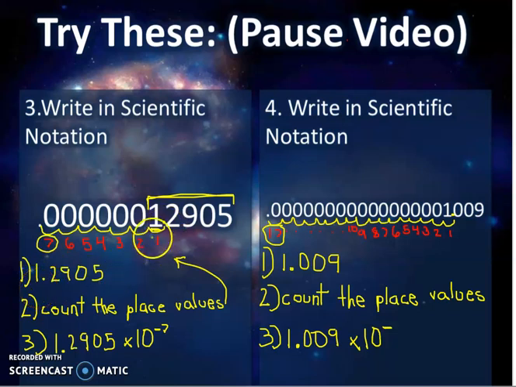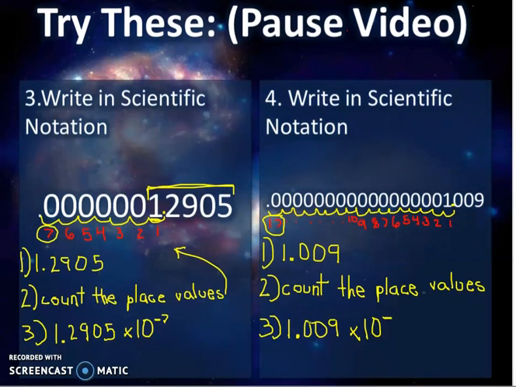I then counted how many place values away my new decimal point is from my old decimal point, and I got 7 place values. When I'm rewriting my answer, I have 1.2905 times 10 to the negative 7, and it's negative because my original standard form number is less than 1.